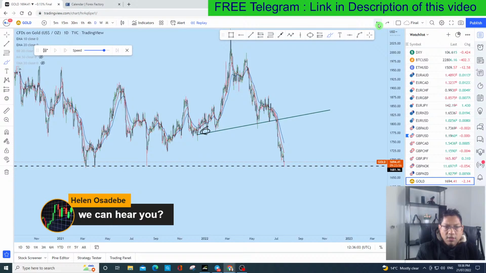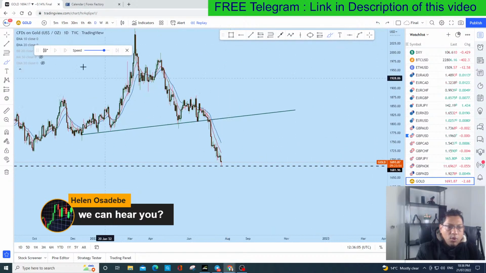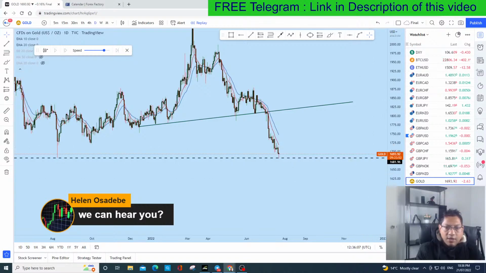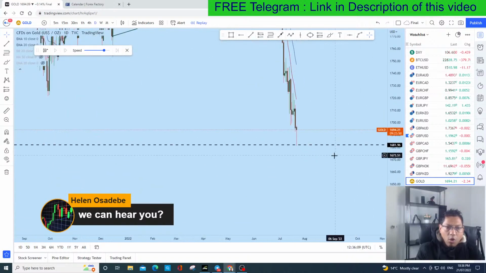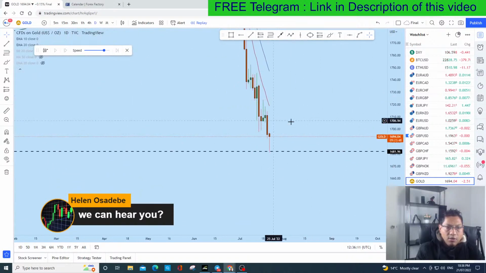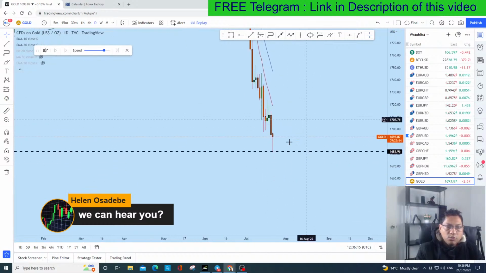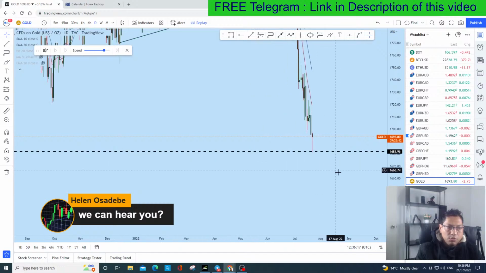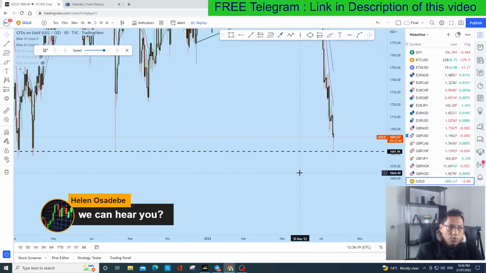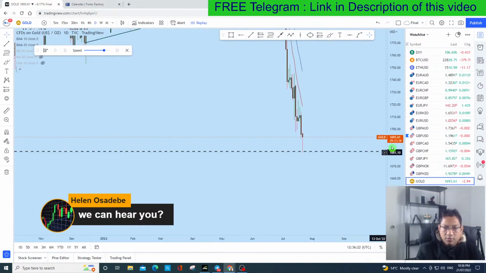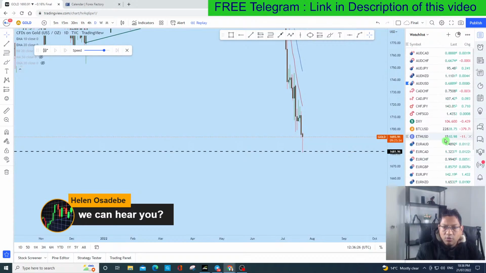So with that in mind, I will be waiting for a clear confirmation like this, a long wick candle on the probably daily or 4 hour. That's where we can see a possible bullish move. Okay, not yet 100%. We need to see, and then we will decide what we could do.